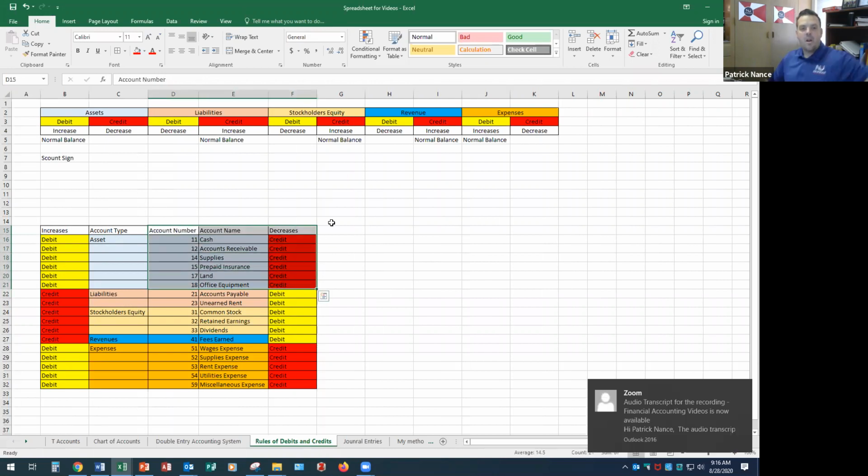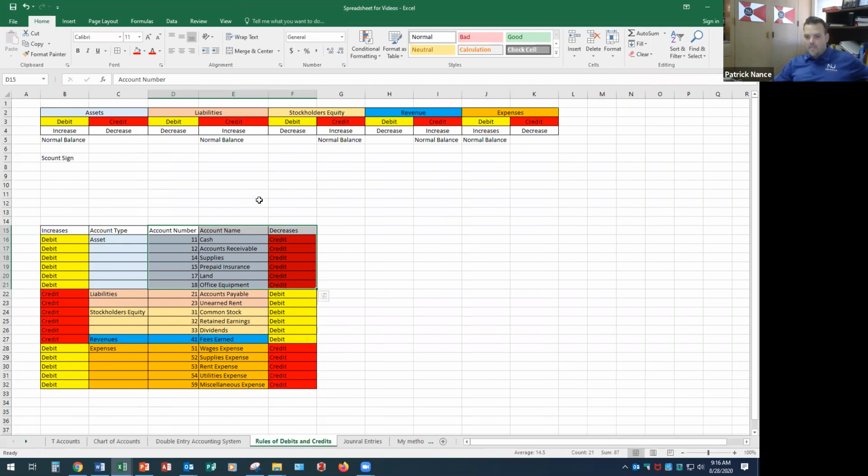Now liabilities, on the other hand, are the opposite. Liabilities' normal balance is a credit, so it is increased with a credit and decreases with a debit.